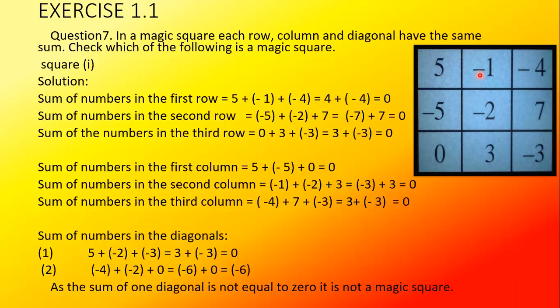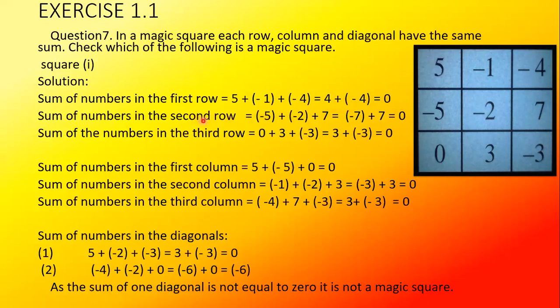Absolute value of 5 is 5 and of -1 is 1, and the difference of 5 and 1 is 4. To this 4, we will add the third integer, that is -4. If we add any integer to its additive inverse, we get 0. The additive inverse of 4 is -4, so 4 plus -4 is equal to 0.